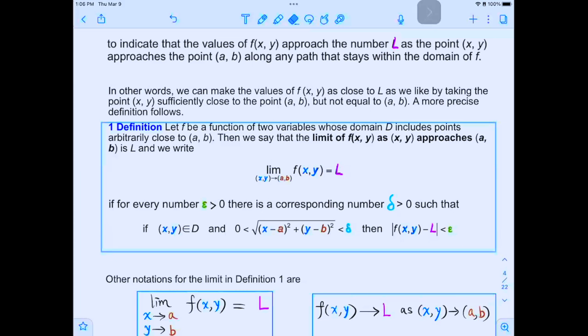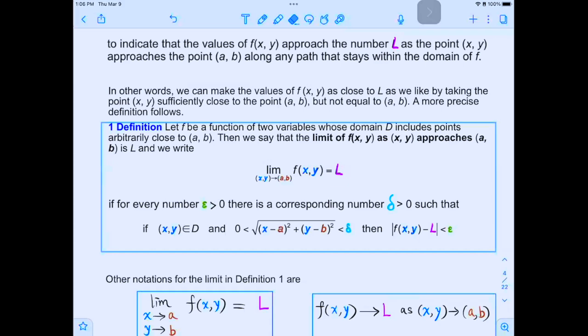So over here, if you take a small disk, centered at (a, b), and you make the radius of this disk small enough, within sigma, then what happens in the graph? The function value is going to be very close to this L, within delta distance.